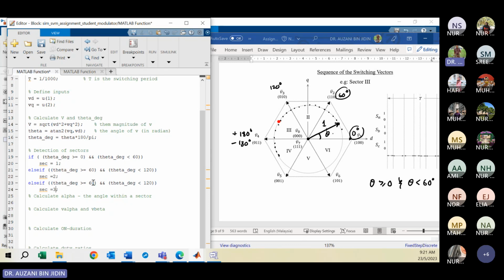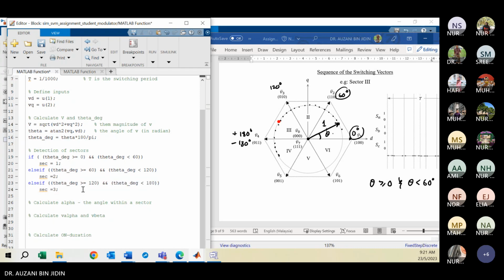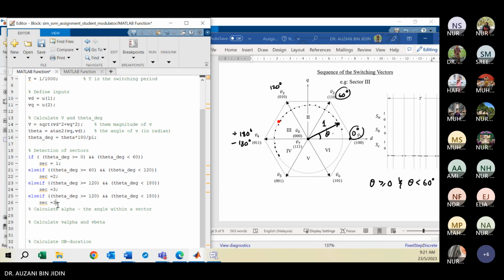Theta degree 120, but must be less than. How is this? Sector 4.